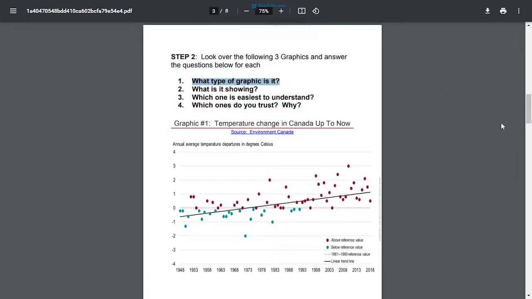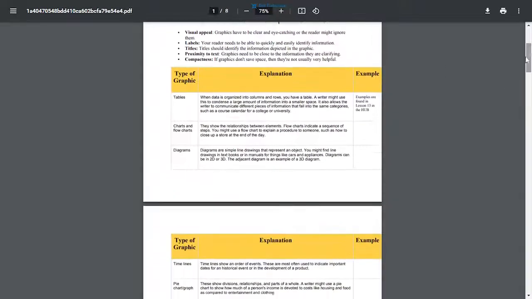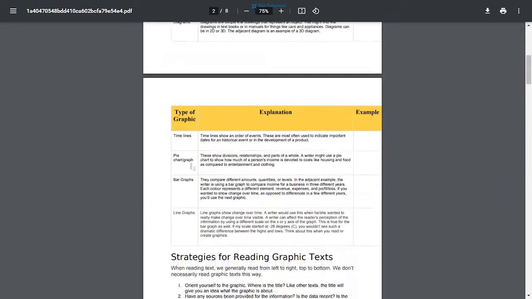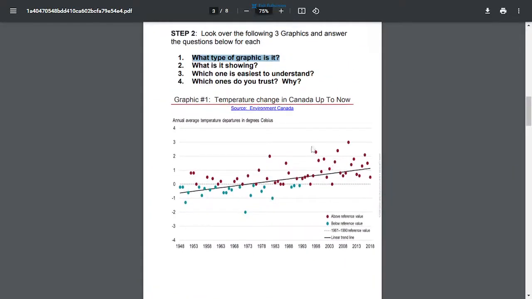What type of graphic is it? Is it a table, chart, diagram, timeline, pie chart, bar graph, or line graph? What is it showing? Again, look at the title, look at the source, look at any headings or other text that you see. Which one is easiest to understand? Which one do you trust and why?